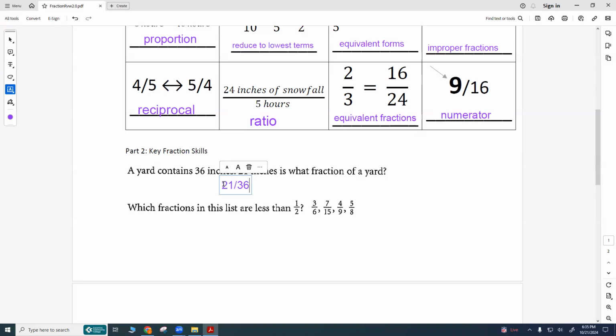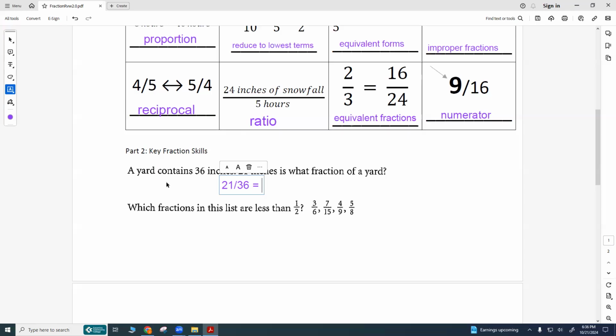And then remember that our final step here is we should look and see, can we reduce this to a simpler form? Is there a number that we can evenly divide out of the top and the bottom to make it simpler? And of course, if you have your handy calculator, it would do that for you.